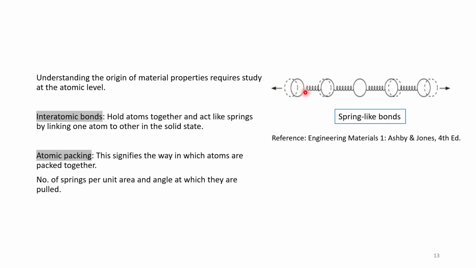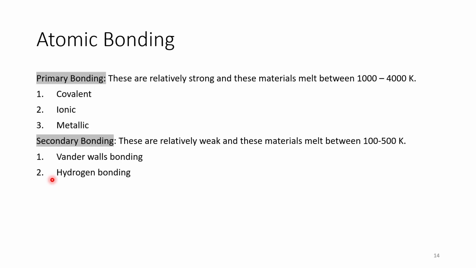The same thing happens in the case of atoms. Another thing is atomic packing, which signifies the way in which atoms are packed together, the number of springs per unit area, and the angle at which they are pulled. It decides the properties of materials.